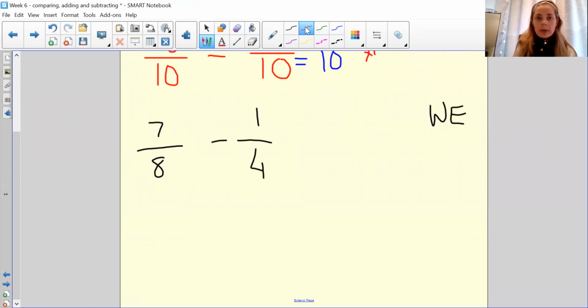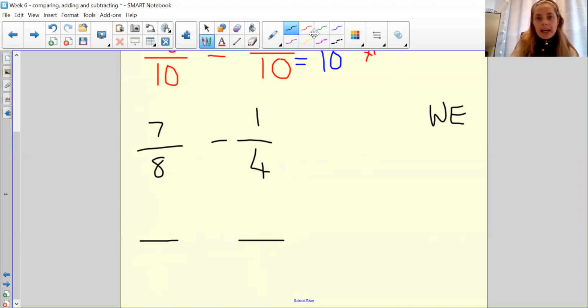So have a look at the biggest number and have a look at the smallest bottom number. This is a 4. Right. Can my smaller number go into my bigger number equally? Okay. So if it can go equally, what is my bottom number going to be?